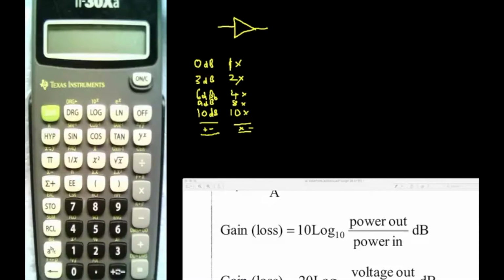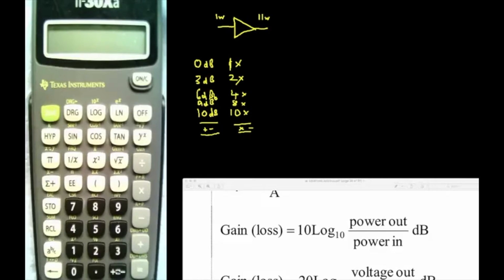So with this amplifier, let's say it's a power amplifier and I have 1 watt in and 11 watts out. Okay, so I've got a gain of 11 times, for it's gone from 1 to 11. If I try and make it up from the ones I know, I'm struggling.